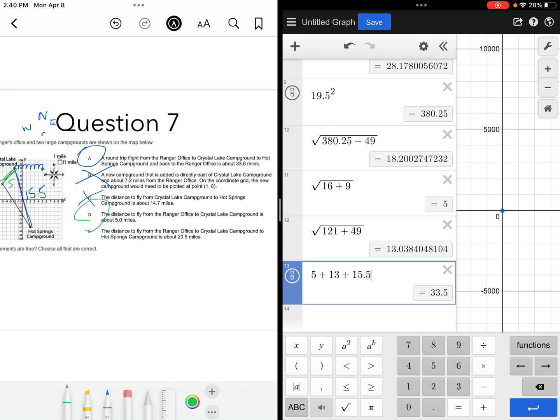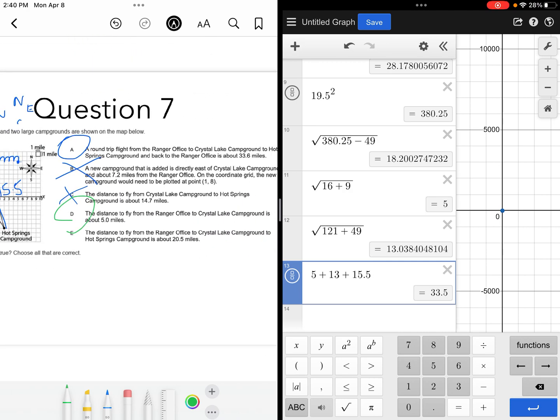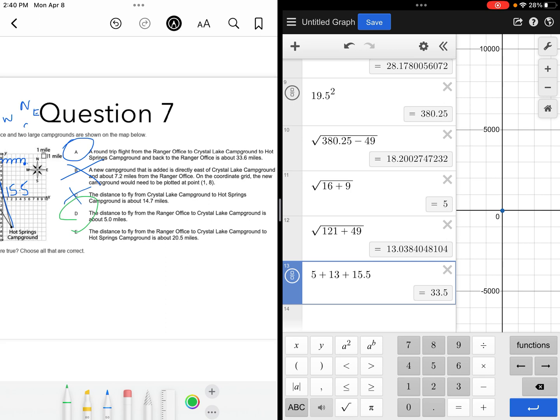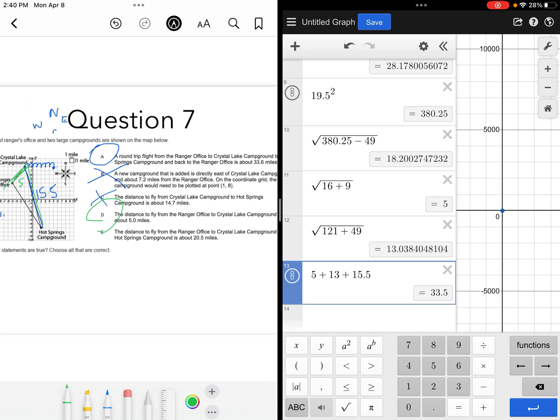So that's true. And then the distance to fly from the ranger's office to the Cape Crystal, so to go just this way, that would be 20.5. Yep, that's true, because we're not making a full round trip. Like that one you made a full round trip, the other one you don't.